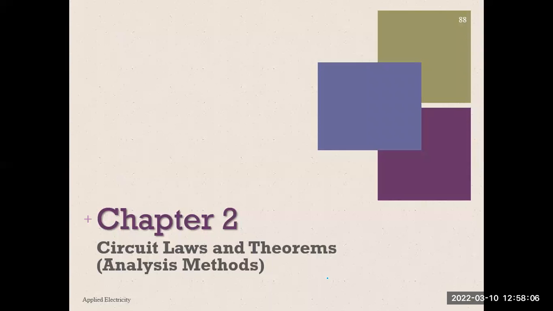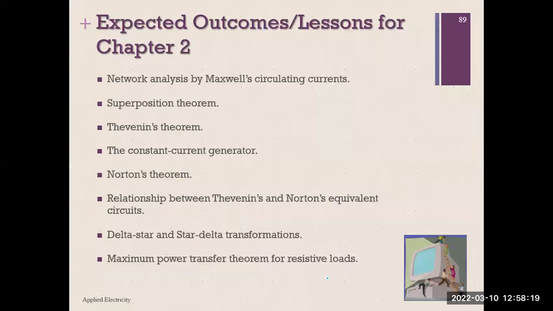And that brings us to the end of chapter 1. In chapter 2, we'll start doing the analysis. What we will do is look at superposition, Thevenin's, Maxwell circulating currents, and delta star transformation, which is also very needful.